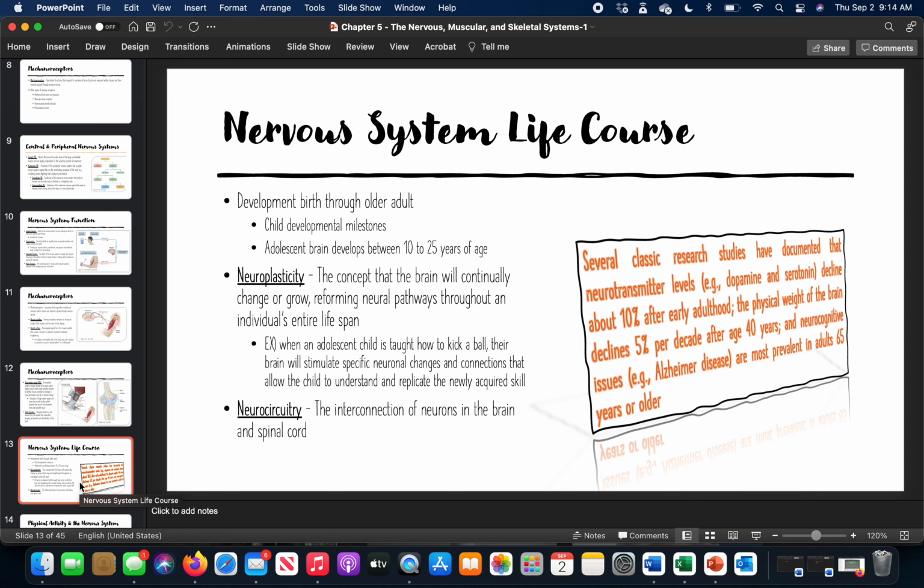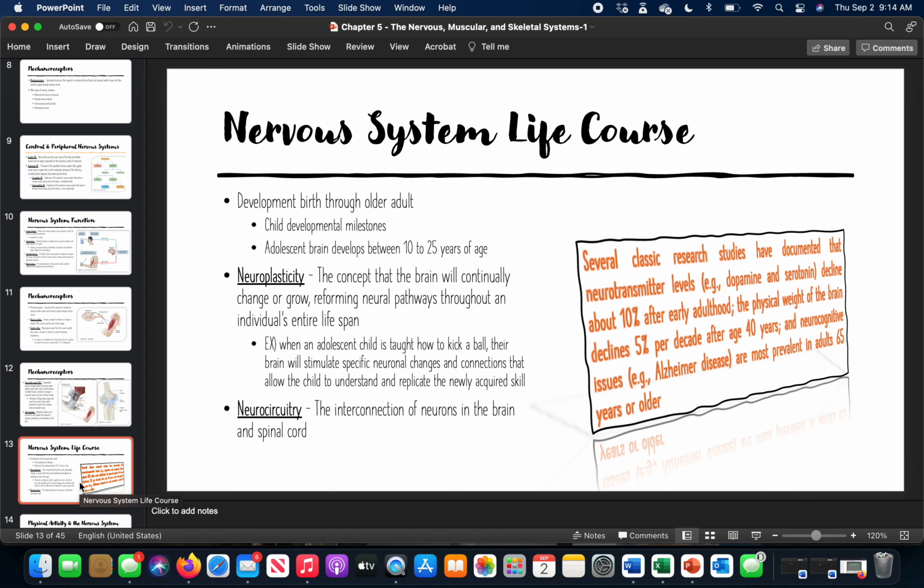As opposed to neurocircuitry, which is basically those neuron connections that we have. Those are the interconnections between the neurons and the brain and the spinal cord all in one. And those interconnections, the more we work with them, can be sped up or slowed down, depending upon what our lifestyle is, our dietary plans, things like that.